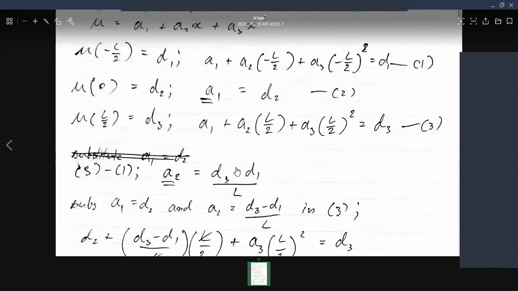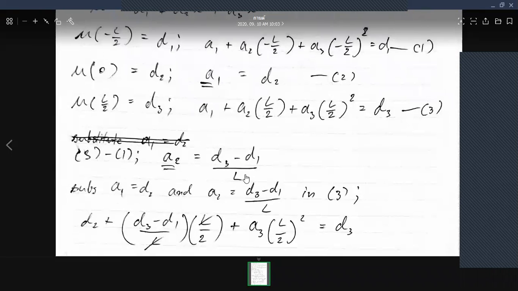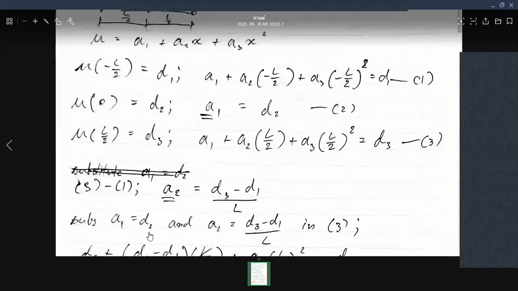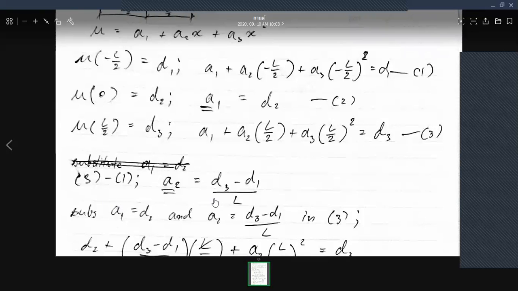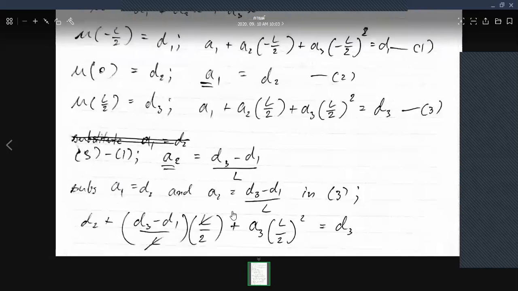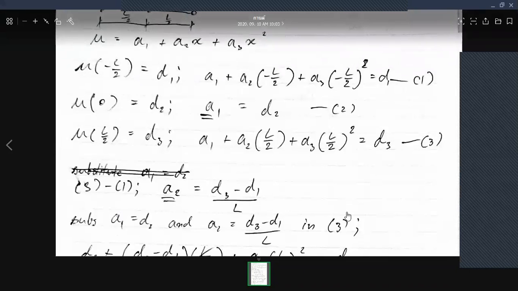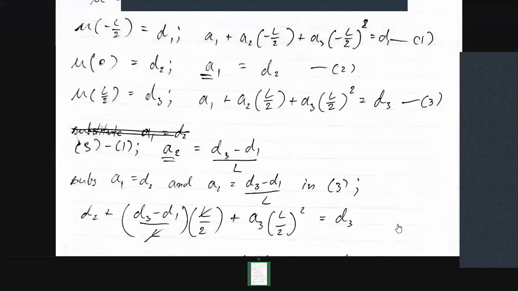From equation 2, we know that at x equals 0, we have A1 equal to d2, the displacement at node 2. From the 3 equations, we take equation 3 minus equation 1, so we obtain A2 equal to (D3 minus D1) over L. Now we already know A1 and A2 in terms of displacement D, and we substitute the values of A1 and A2 in equation 3.